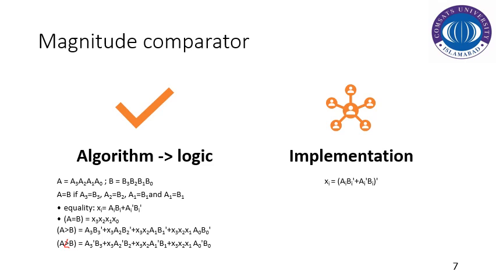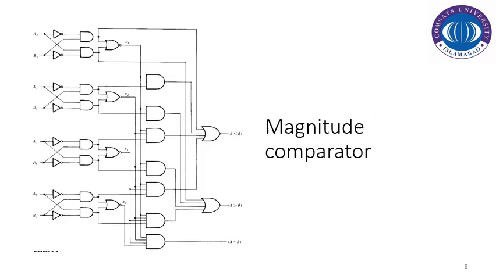Since most of the terms are common in the complete circuit, instead of implementing them separately, we can utilize those common terms to avoid complexity. So this is the logic diagram for the magnitude comparator circuit that is used for equality, greater than and less than operations. The terms we obtained in our previous expressions are implemented here.